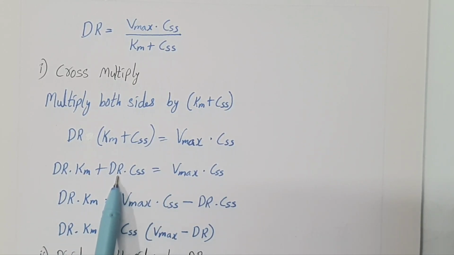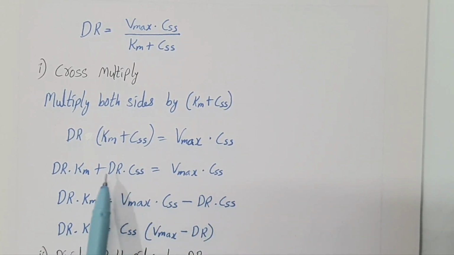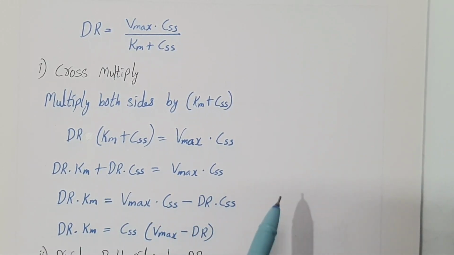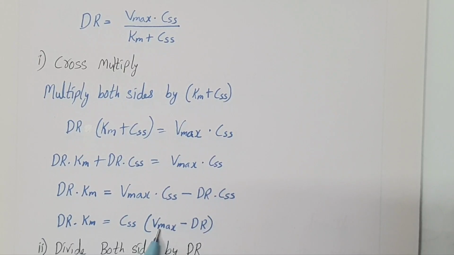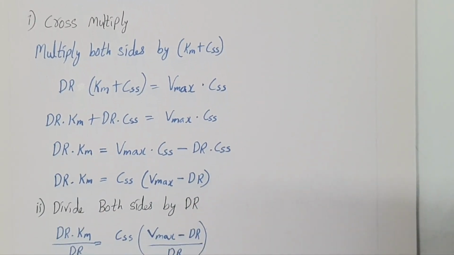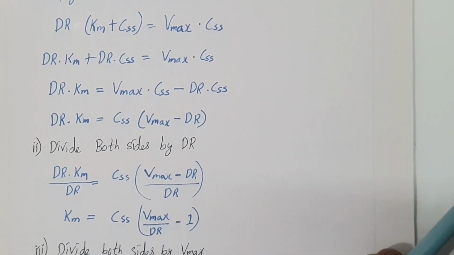Here it is plus, so when it goes to the other side it becomes minus. Then we take Css common. After taking Css common, our equation becomes DR Km equals Css into Vmax minus DR.